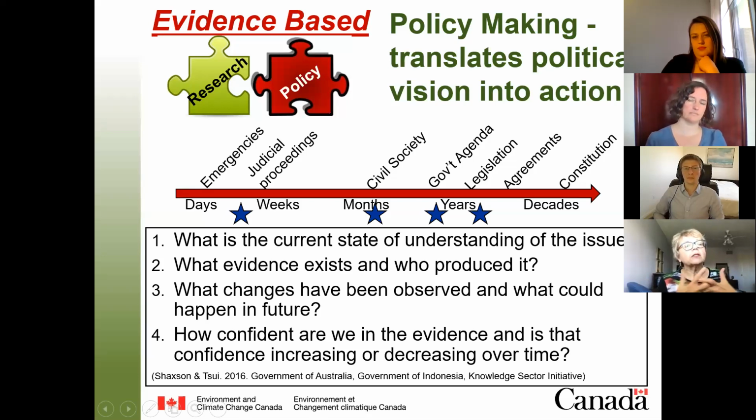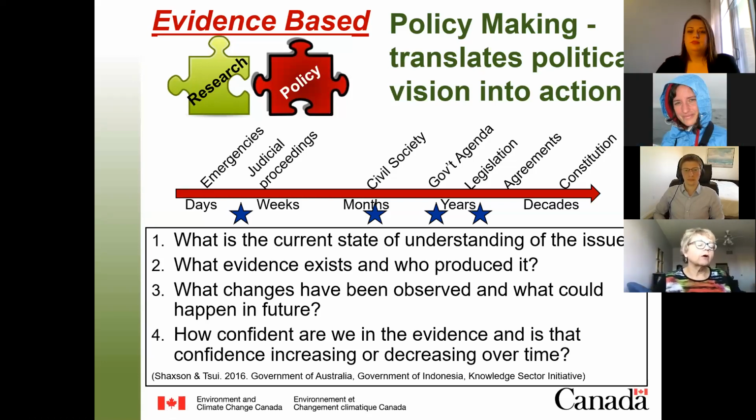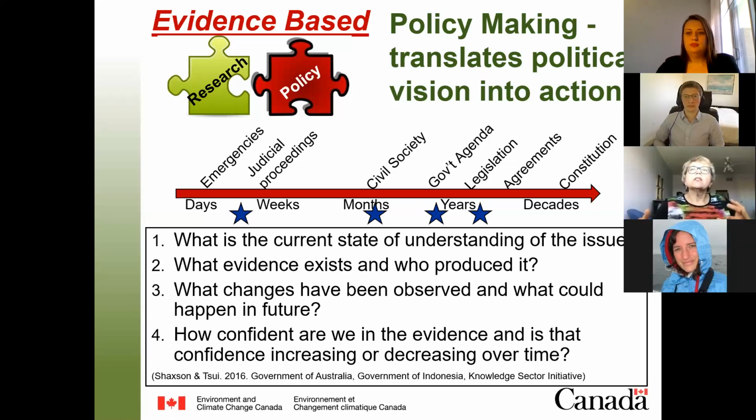The third question that's typically asked by the policymaker is, well, what changes have been observed in the past and what could happen into the future? And then finally, the fourth question that tends to come out from the policymaker when looking at evidence is, is the evidence becoming stronger over time? Or is it looking more wishy-washy and confounded?